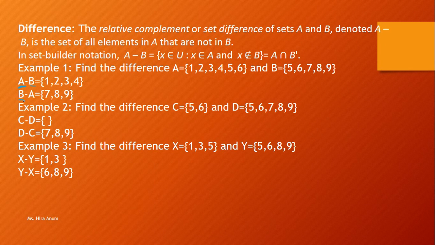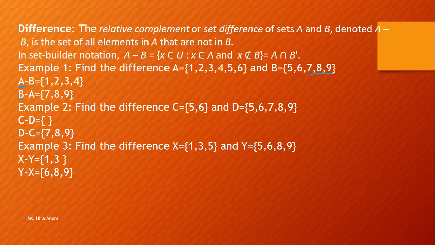Then you have to write B minus A. Then you see the elements of these. 5 belongs to A. 6 belongs to A. So your answer B minus A is 7, 8, 9. Find the difference. C equals to 5, 6 and D equals to 5, 6, 7, 8, 9.